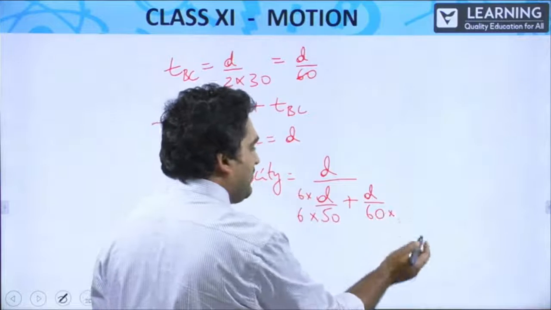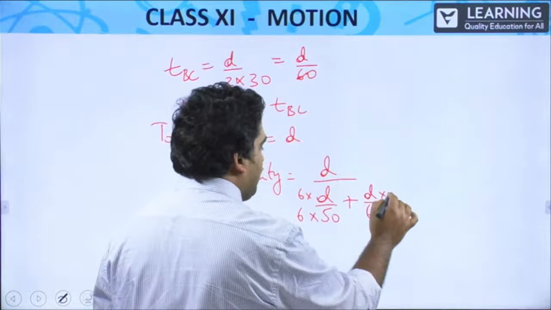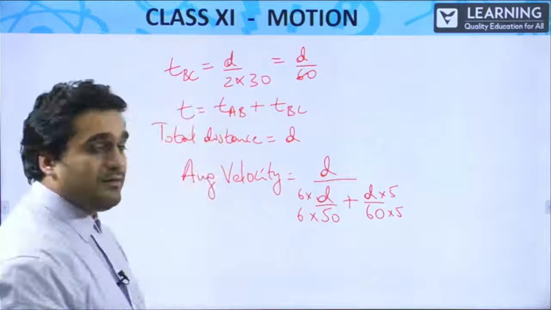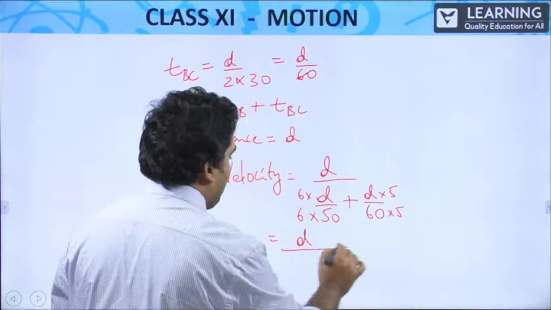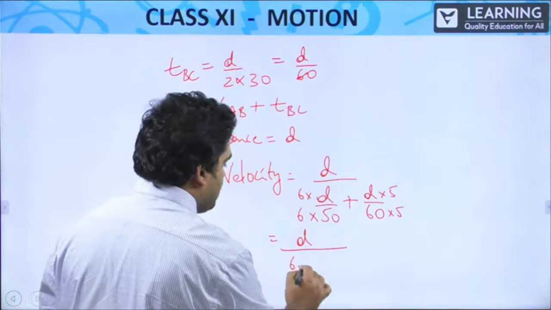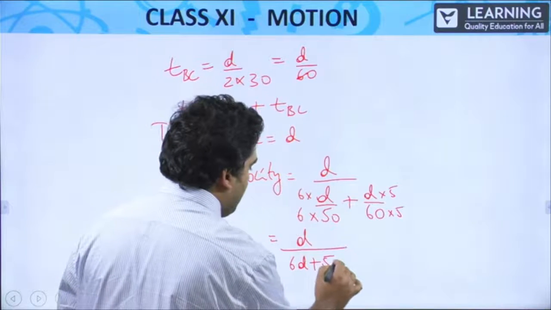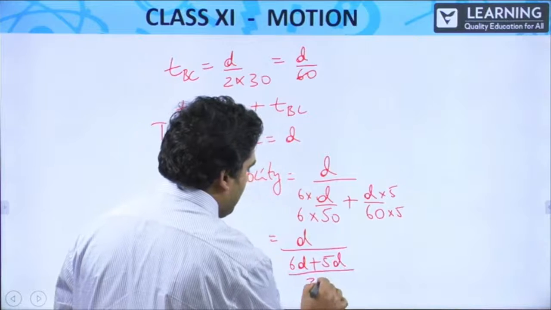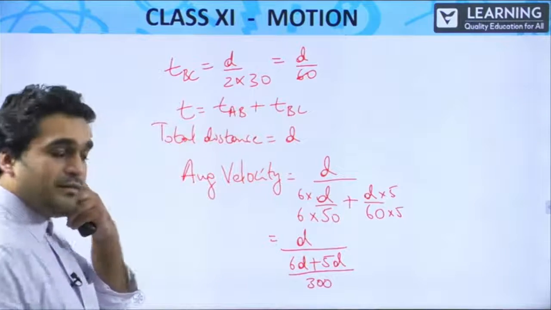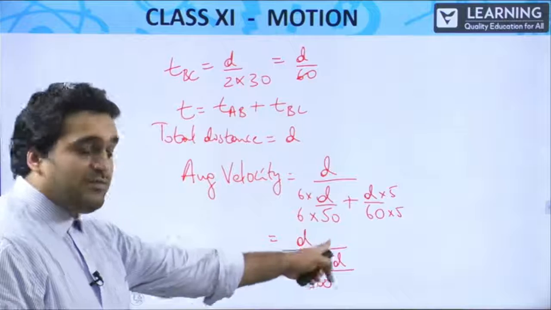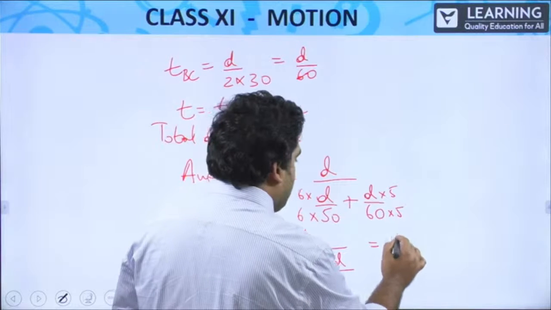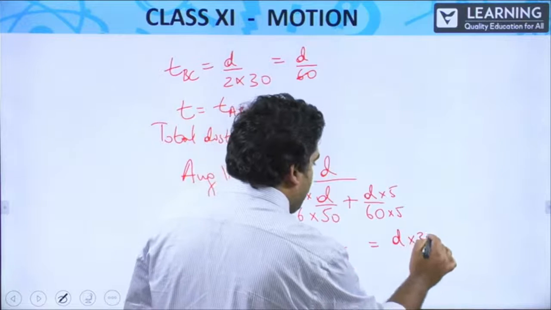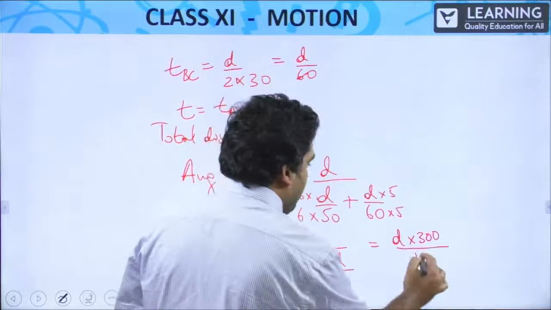For this to be 300, I multiply this by 5. So I get D by (6D plus 5D) divided by 300. Transpose this, you get D into 300 divided by 11D.